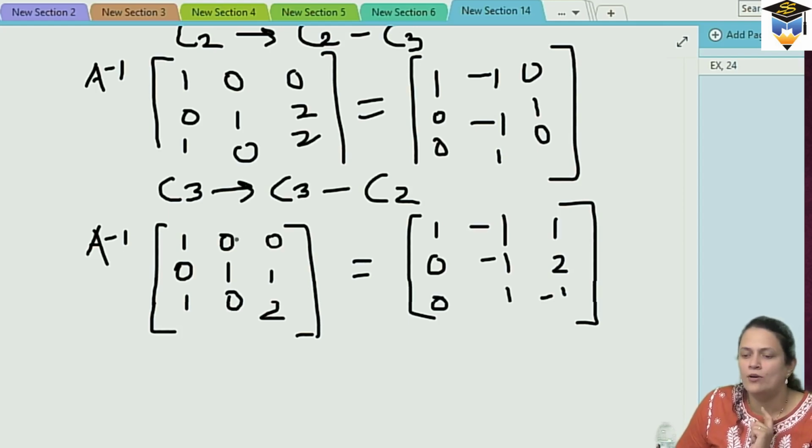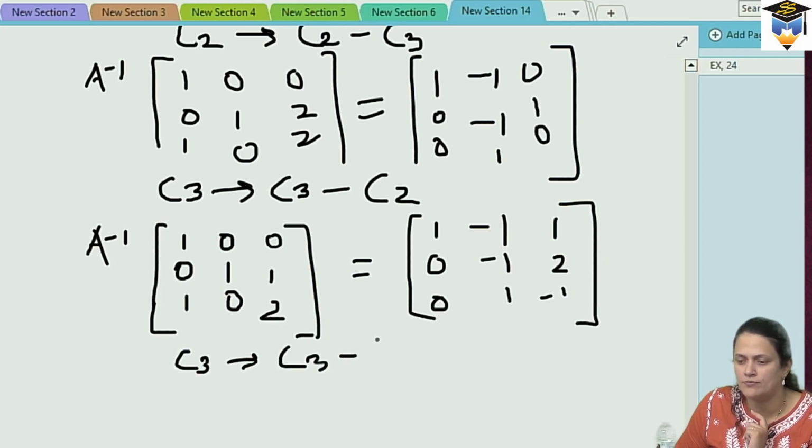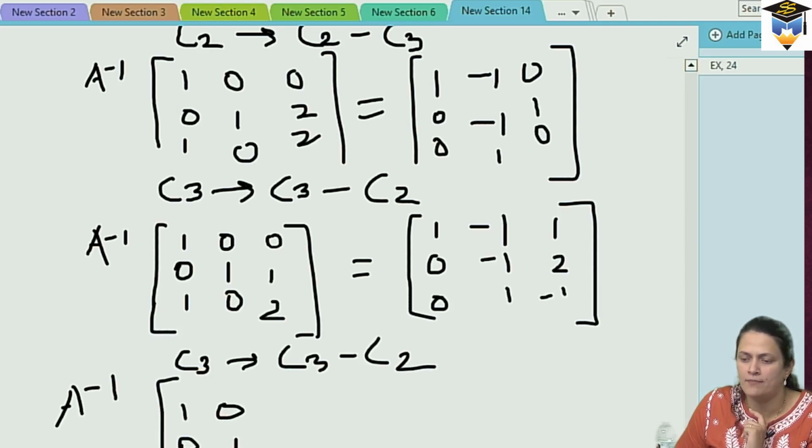Okay. Now 1 0 0, 0 1, we need a 0 over here. So again C3 I am going to change such that it becomes C3 minus C2. So A inverse, these will remain same.